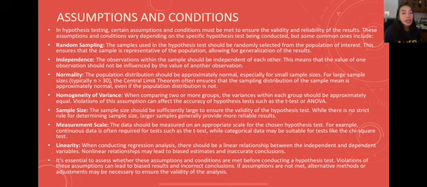The sample size should be sufficiently large to ensure the validity of the hypothesis test. Measurement scale. The data should be measured on an appropriate scale for the chosen hypothesis test. Linearity. When conducting regression analysis, there should be a linear relationship between the independent and dependent variables.